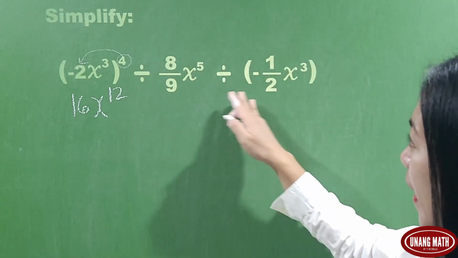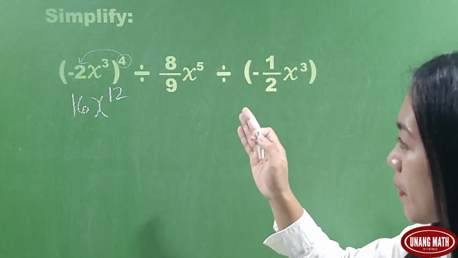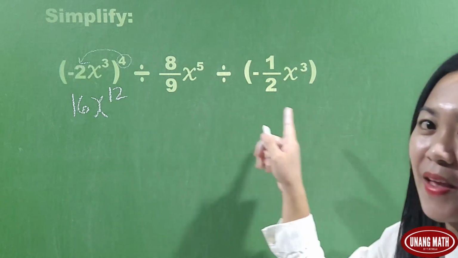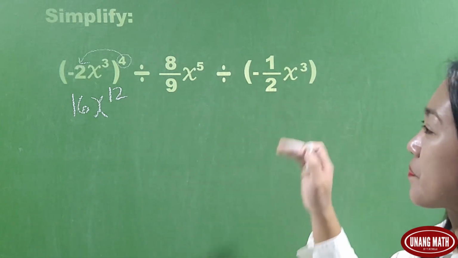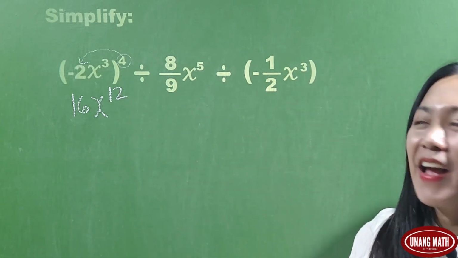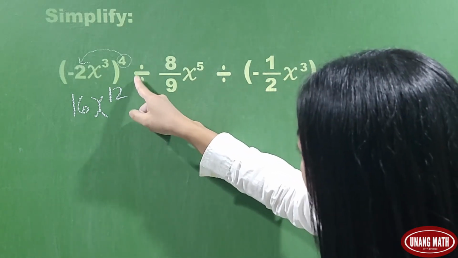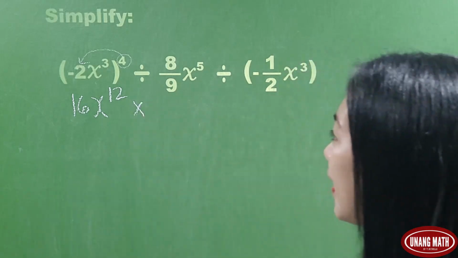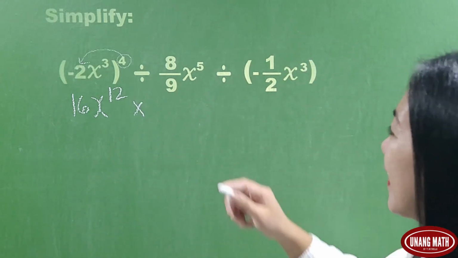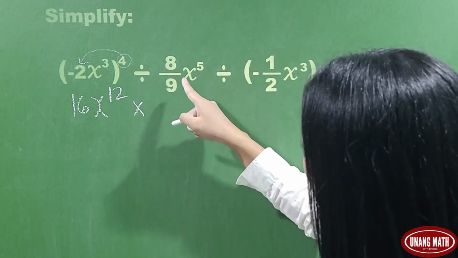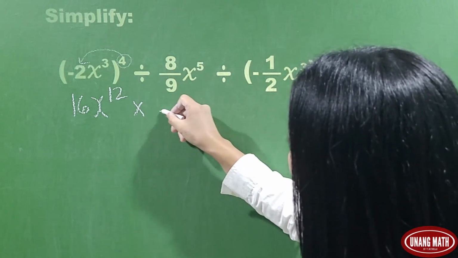Okay, to simplify, we will be writing this expression using the reciprocal. So now, this division turns to multiplication. This is 8x raised to the power of 5 over 9. Get the reciprocal.